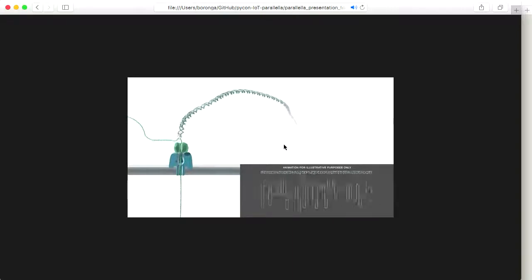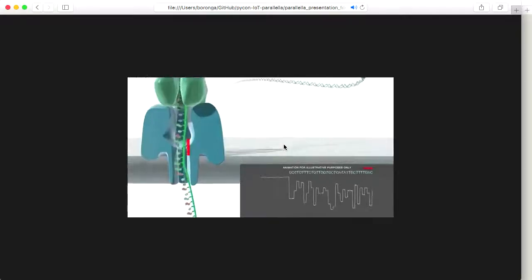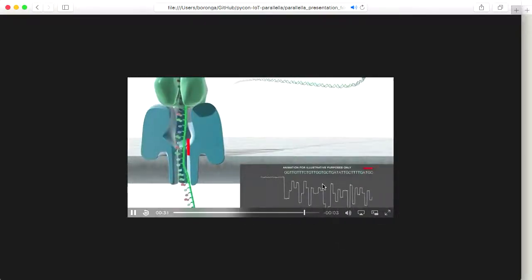As it goes through this pore, because it's negatively charged, it creates a current. Each nucleotide is slightly different in its chemical composition, so each gives off a slightly different charge, as we see down here. It's not quite as simple as that, and we'll talk about that soon. But it does provide a few other benefits that other sequencing technologies do not.